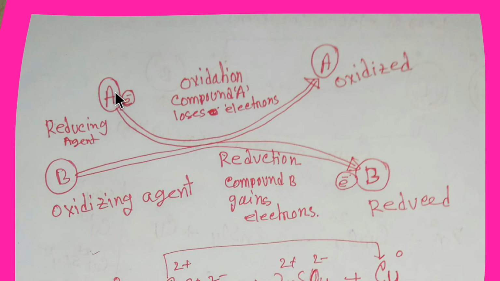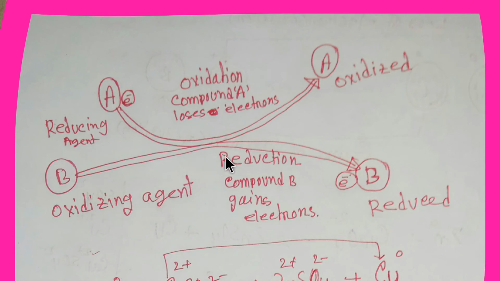Well, the reaction in which electron will be released is called oxidation, right? So this reaction is called oxidation reaction. On the other hand, in this reaction, B is gaining electron, so the substance that will gain electron is called oxidizing agent.